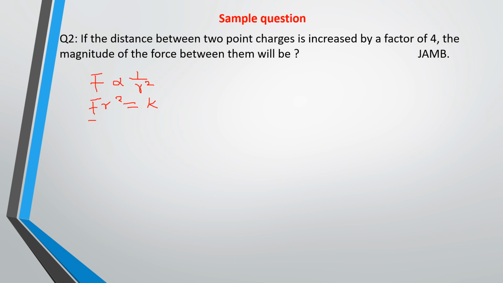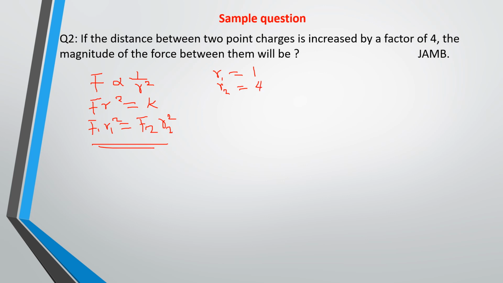So this can give you F1 r1 squared equals F2 r2 squared. Fine. So having gotten this, you have that if r1 is equal to 1, then r2 is increased by a factor of 4.